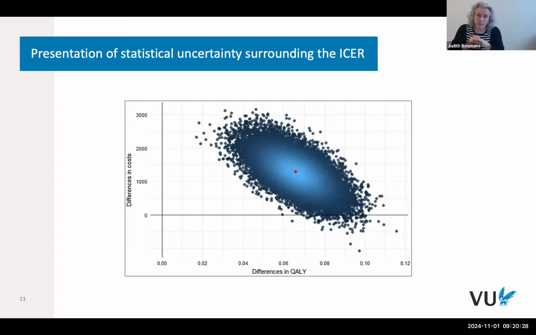The red dot in the middle is our point estimate of the ICER, the incremental cost effectiveness ratio. And all the blue dots around the red point are the bootstrapped replications of our ICER value. So this represents the uncertainty surrounding the point estimate of the ICER.